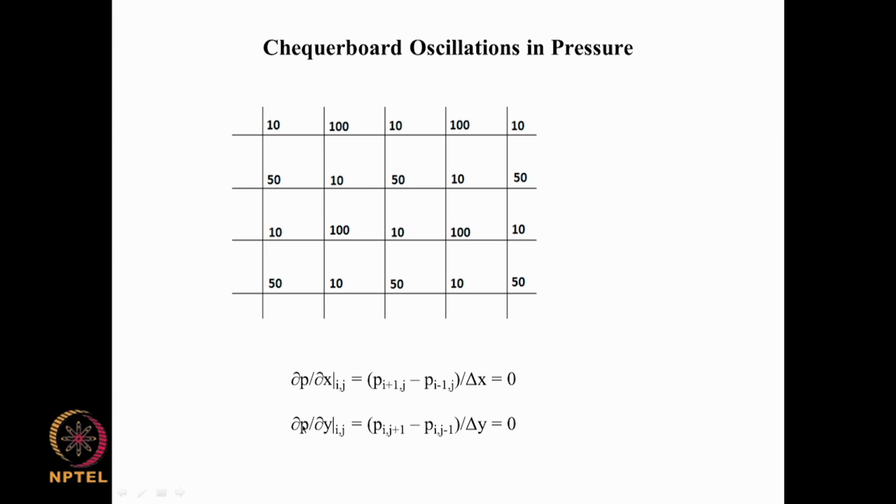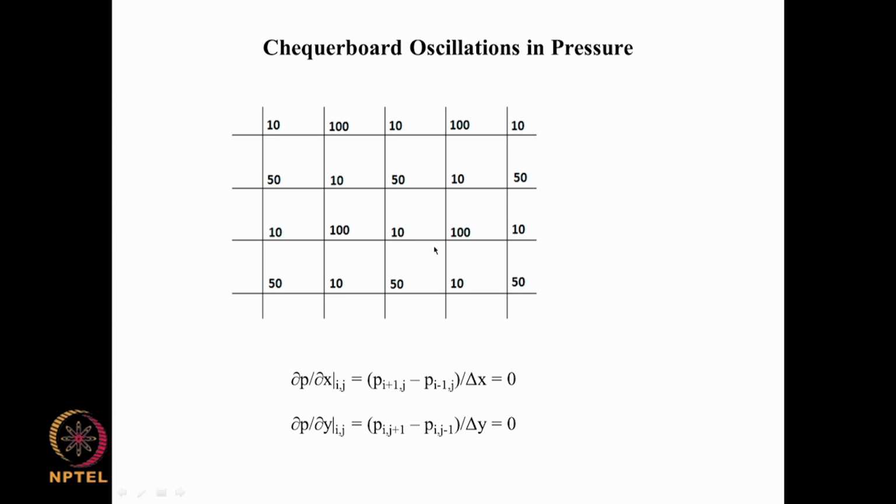And similarly, if you are looking at ∂p/∂y at i,j, again you have p at i,j+1 minus p at i,j-1 divided by 2 delta y, again a 2 missing here, and that again is 0 because it becomes 50 minus 50 divided by 2 delta y.